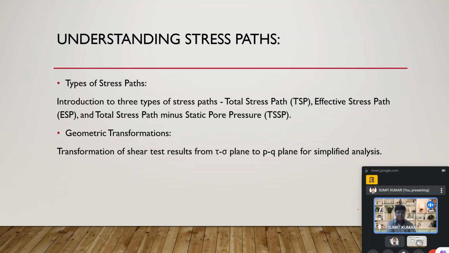So you must be aware of why we are doing these things. Is there any significance of that? Is there any application of those things which we are doing right now? Those things need to be understood and need to be stated.